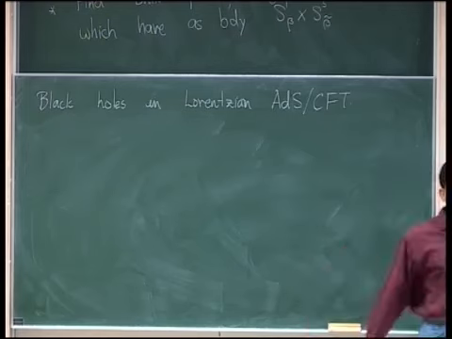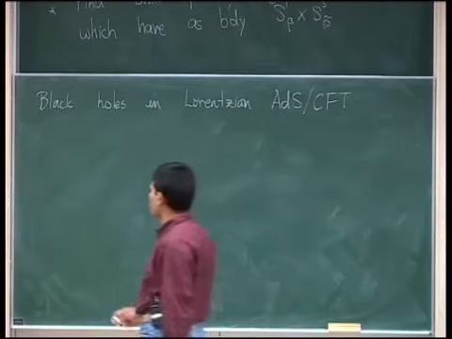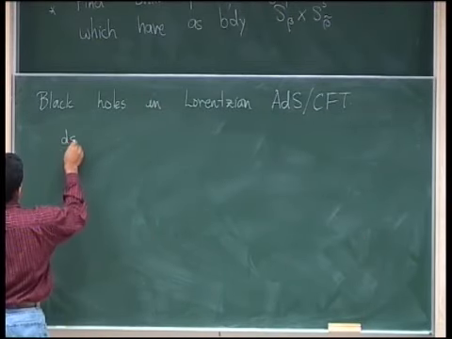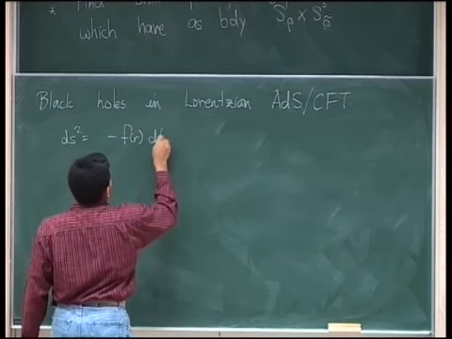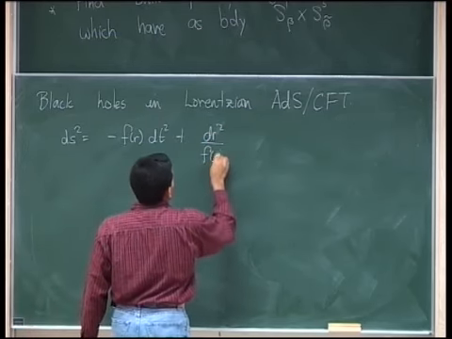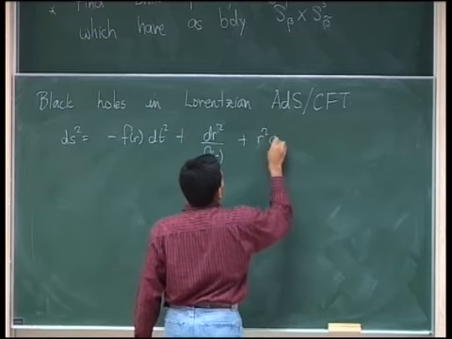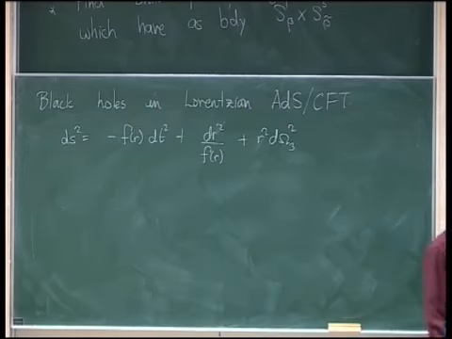Having done all this discussion in the Euclidean case, I'm now going to switch into the Lorentzian AdS/CFT discussion. Now, why do I want to do this? Okay, so this is my Lorentzian black hole.